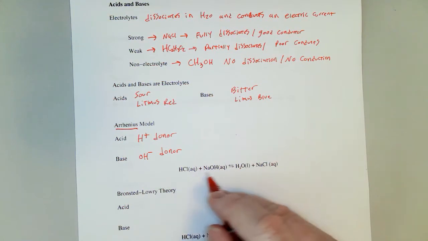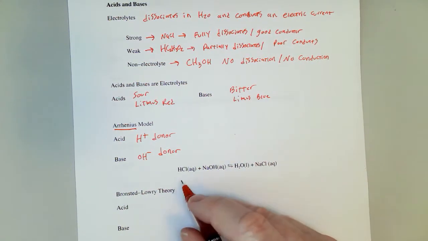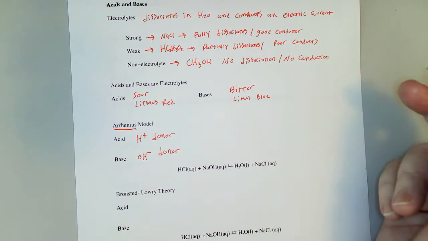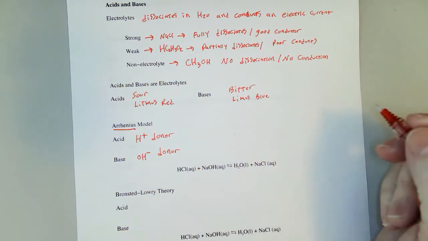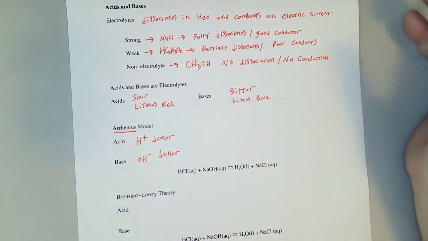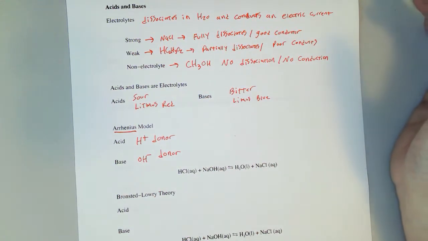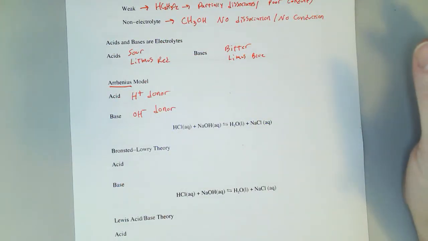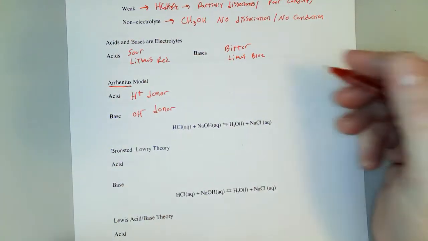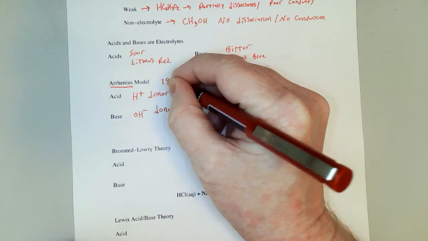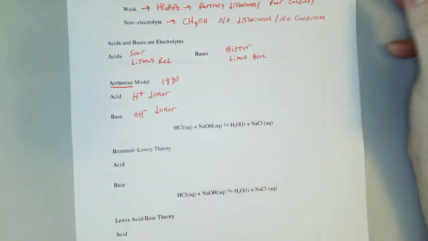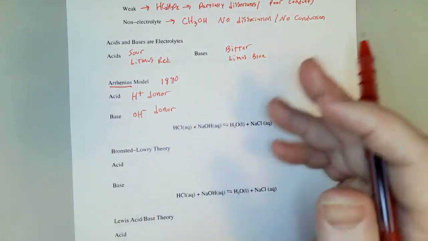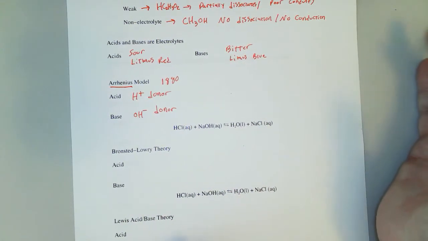HCl would be an acid and NaOH would be a base. When we have things that start off with H and then the anion, it's typically an acid. Bases are typically ending in OH. But that doesn't cover all of them. And for that reason, we had to expand and come up with some other theories. Now, this one was done about 1880, give or take. I couldn't give you an exact year. But it was before we knew about the existence of protons and electrons.